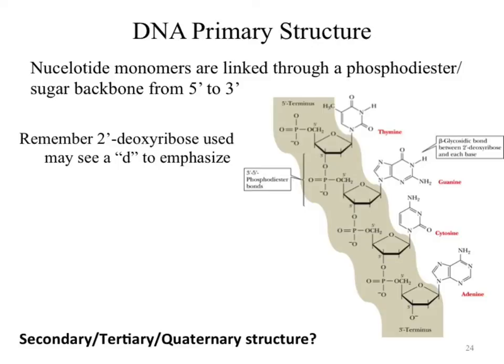If you are going to reference your carbohydrate, you may see a D showing up in your linkages. So if we tried to reference the primary structure for that strand, we could say this is thymine with a T, guanine with a G, cytosine, and adenine.